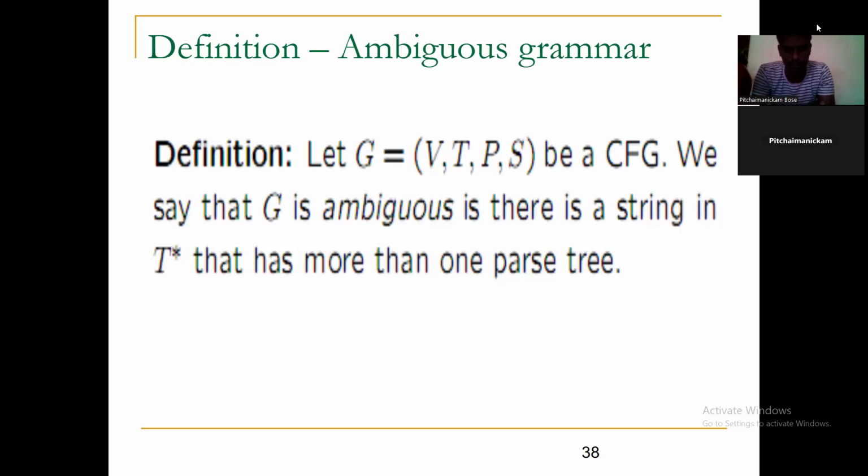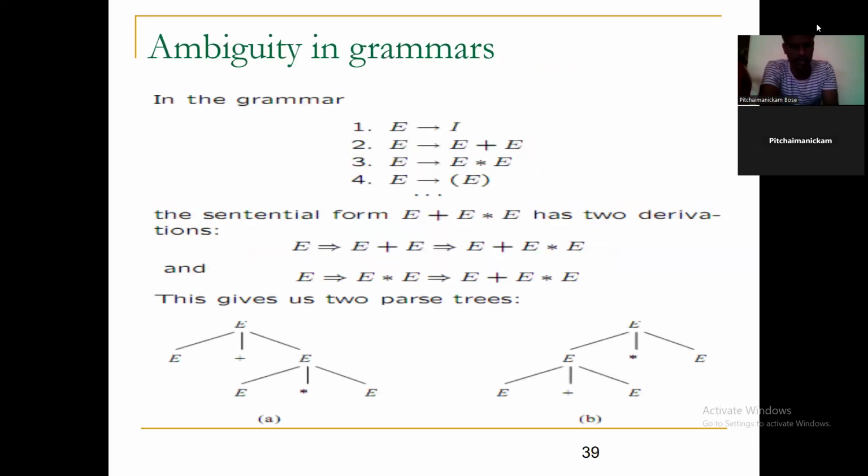If we generate only one parse tree for the given input string W, this is called an unambiguous grammar. So the definition is over now.